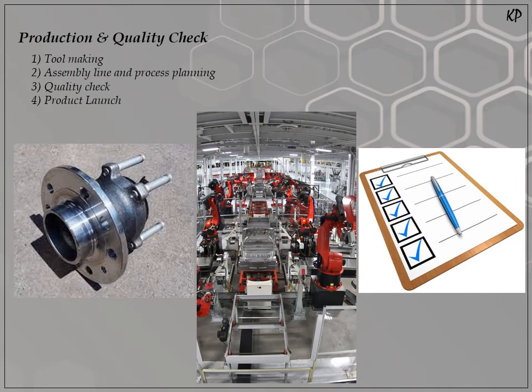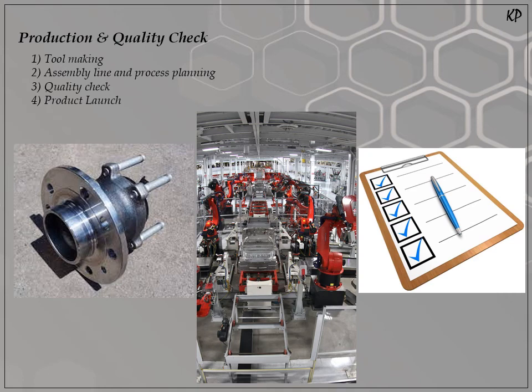Fifth stage is production and quality check. Once you are ready with your engineering, you have to start tool making and production of the components or parts. Once all the components and parts are at your place, you can start the final assembly of your product. And before going into the market, you have to do a quality check of your product so that there should not be any problem in your product.